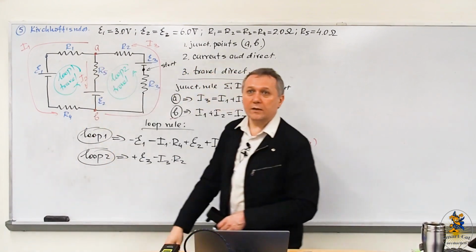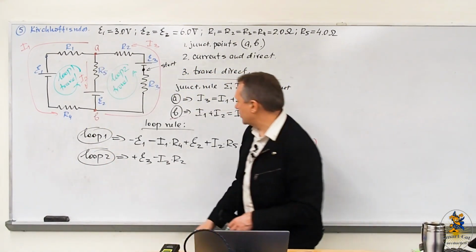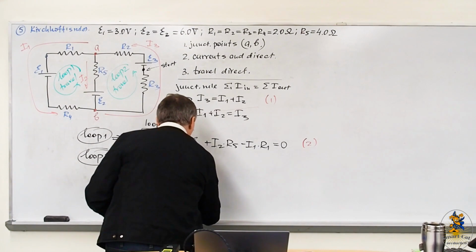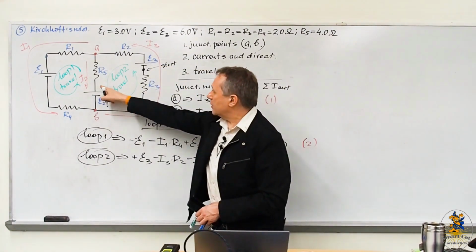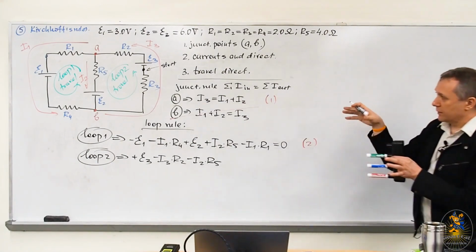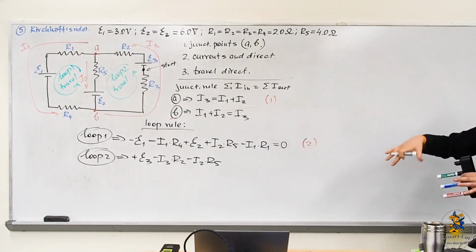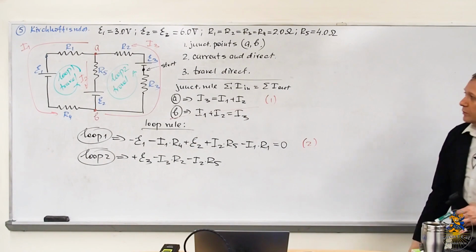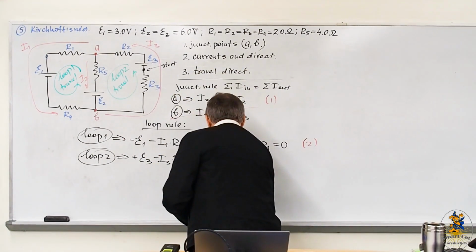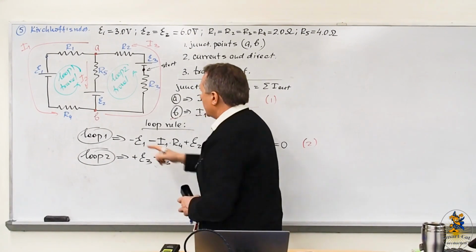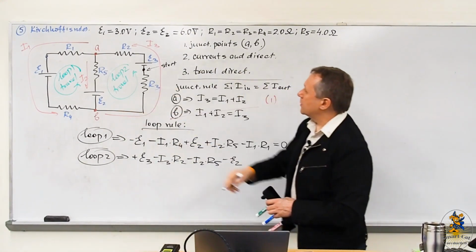Directions are the same. Again negative: minus I2 R5. Then we need to cross this battery, traveling again down. So from plus to minus, negative contribution. Potential is going down, so it will be minus EMF 2. And now we need to go through this resistor.